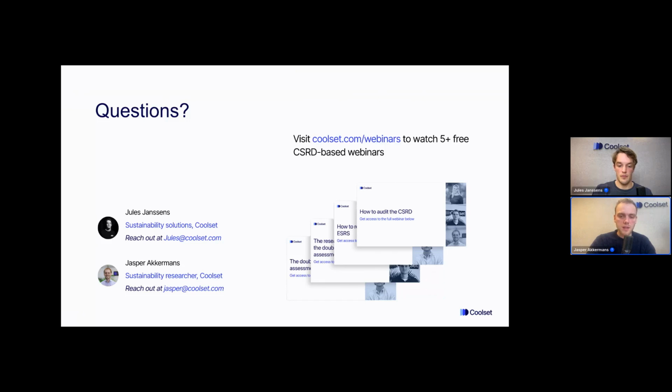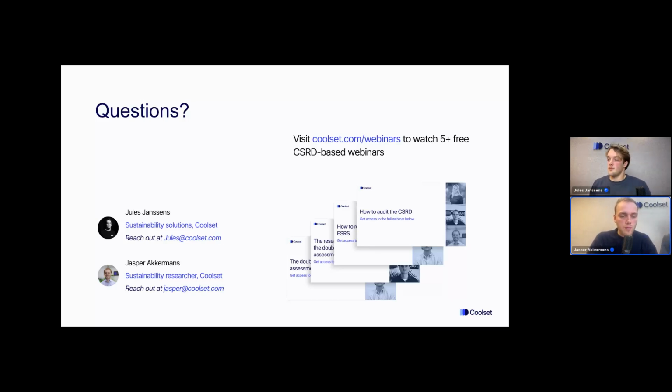Another one is H+H Global that I've looked at recently. The third one, which I actually looked at this morning and found quite good, is from Albert Heijn, or rather their parent company. So those are good ESG reports, and I would have a look at them.